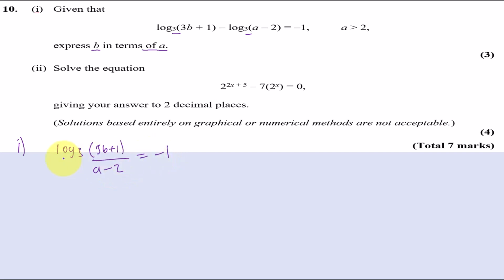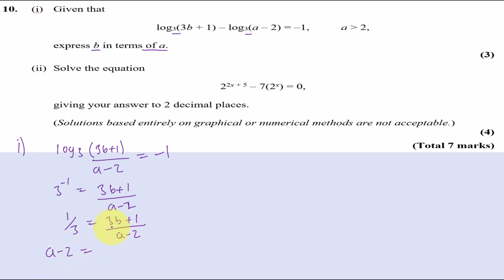What do we remember? 3 to the power minus 1 equals this. So 3 to the power minus 1 equals 3b plus 1 over a minus 2. What does 3 to the minus 1 mean? That means 1/3, right? What can we do next? Multiply by a minus 2 both sides, and then multiply by 3.